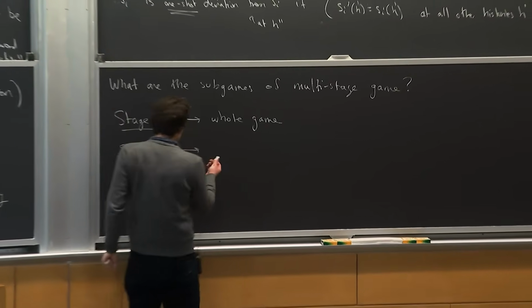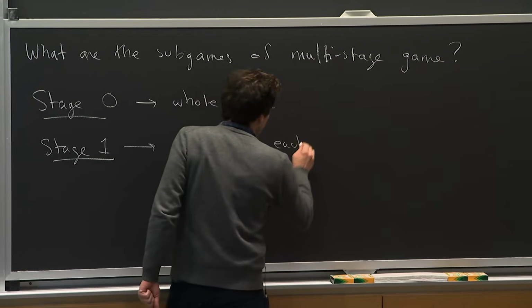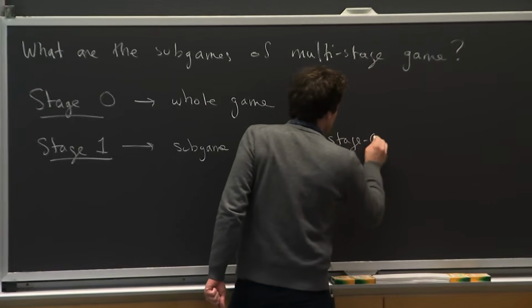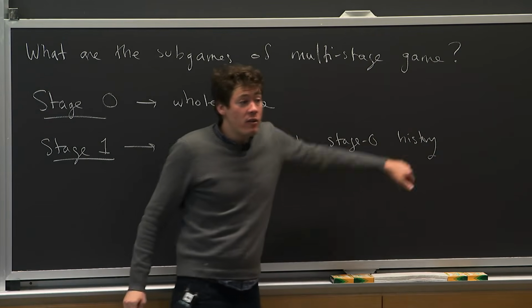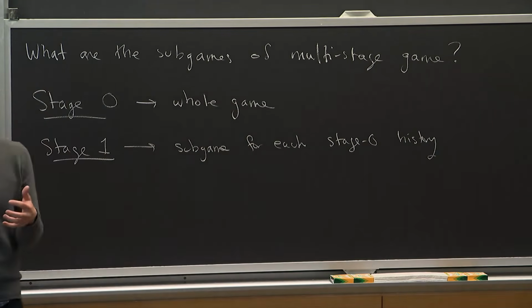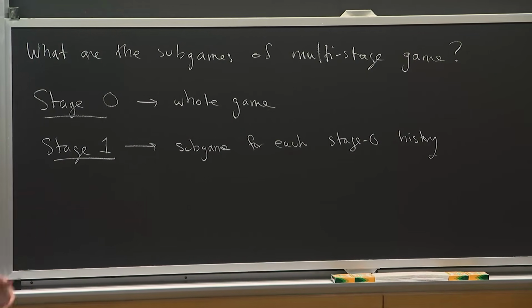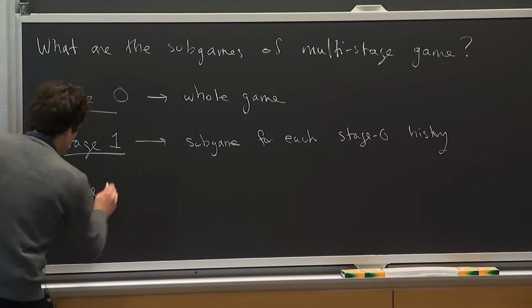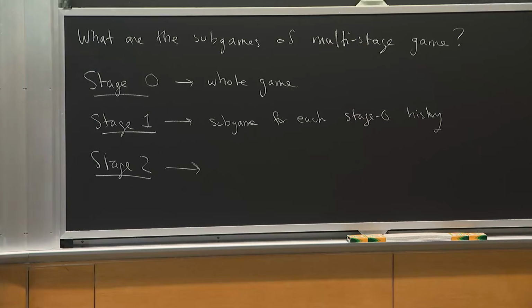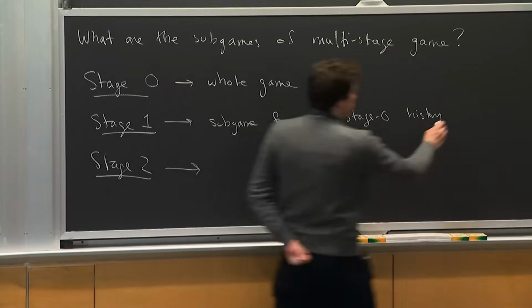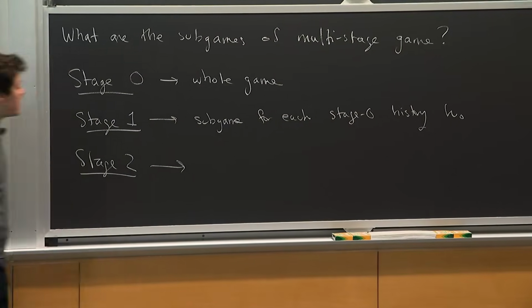So in stage 1, we have a subgame for each stage 0 history. That is, however people played in stage 0, we all know that's how people played because we observe it, and now we have a subgame starting at that history of play from here onwards. Maybe I'll call this H0, where H0 says how people played in stage 0.